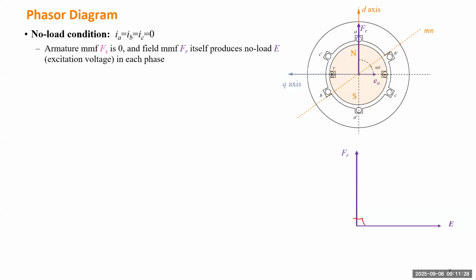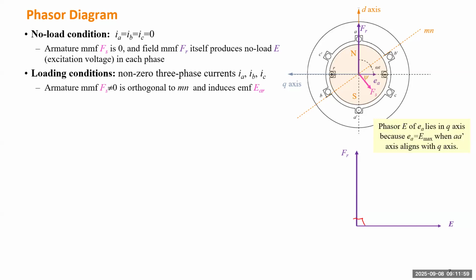But for the phasor diagram, we just define a reference. Similar to the phasor diagram to study voltage and current phasors, you can use anyone to be a reference. For this case, we can use this E as reference, which means even though this E is revolving together with Fr at a similar speed of 60 Hertz, we just assume the relative angle will be the same, 90 degrees in this case.